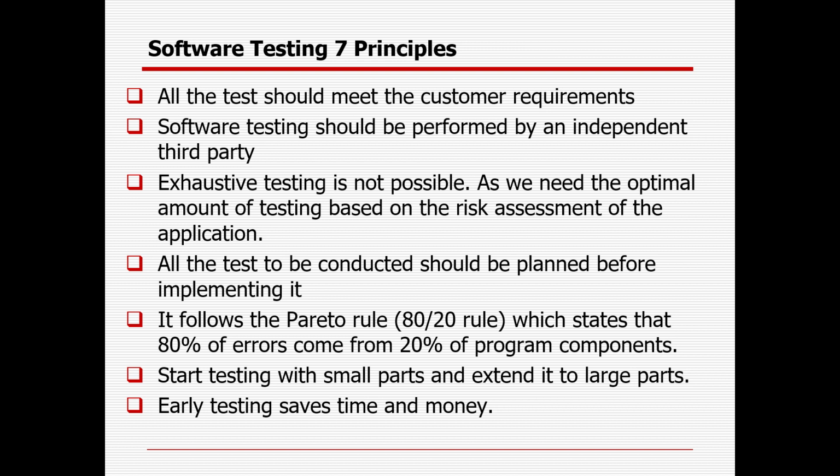There is no point, once your product is ready and already implemented in the production environment, in doing any kind of testing. So before that you can do all kinds of testing: functional, non-functional, automation, performance, everything, API also. Fifth, it follows the Pareto rule, the 80-20 rule, which states that 80% of defects will be identified from 20% of the areas.